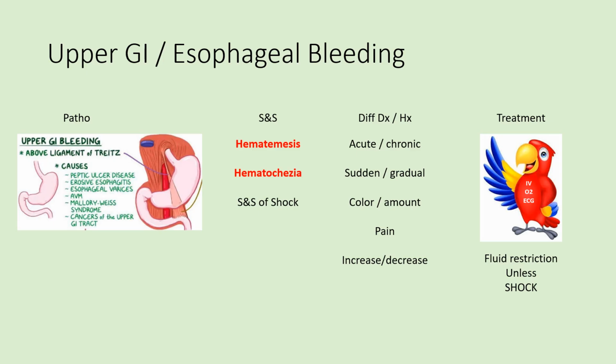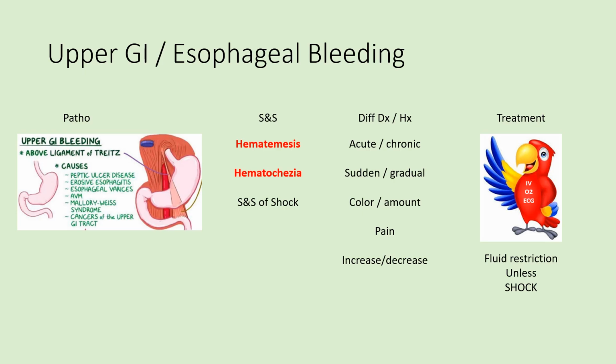Let's talk about upper GI and esophageal bleeding. Pathophys, it's above the ligament of Treitz, and causes are peptic ulcer disease, erosive esophagitis, esophageal varices, Mallory-Weiss syndrome, and cancers of the upper GI tract. High risk populations are men and the elderly.